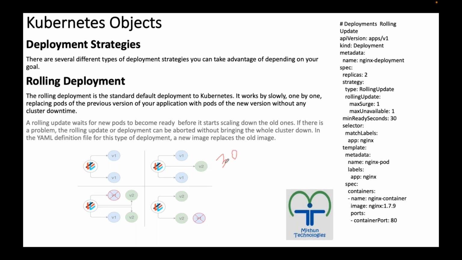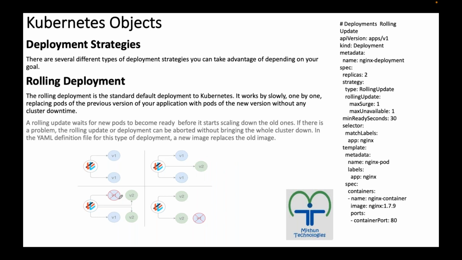If I wait for 30 or 60 seconds, within that time the pod gets settled down, which means the application in this pod's container will be ready, so that it can terminate the old one. So even though that is the default, you can customize it. You need to customize it.